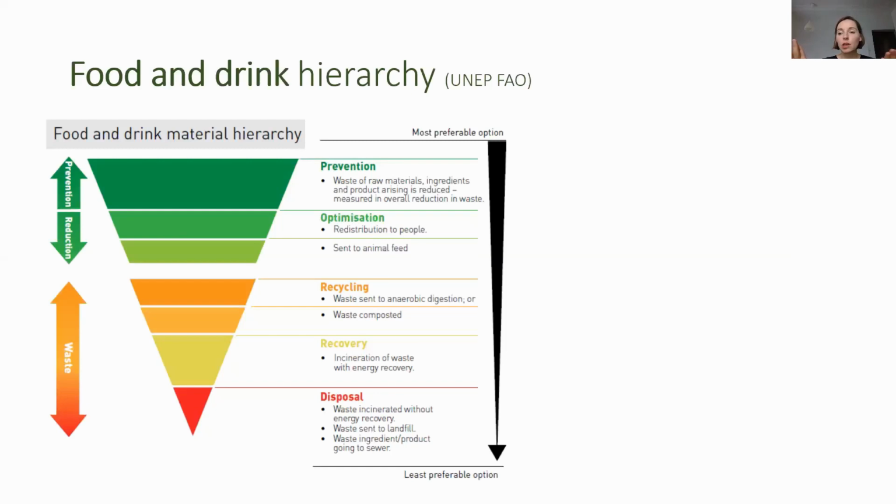Or like in Germany, for example, you have the Tafeln. These are organizations that collect all this food from the supermarkets that the supermarkets cannot sell anymore, and then they will either donate or give it for free, or sell it for a very cheap price to people that are in need. So that is very interesting.